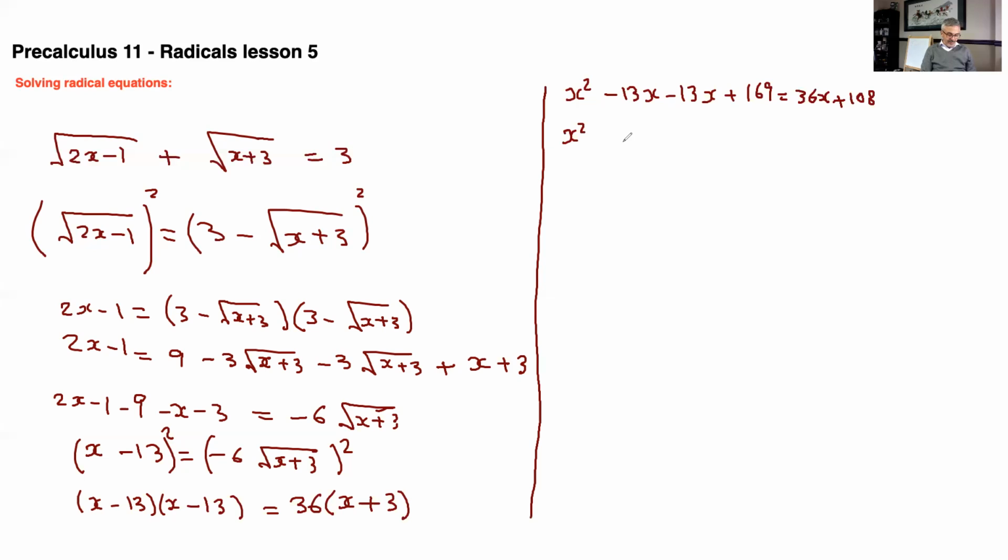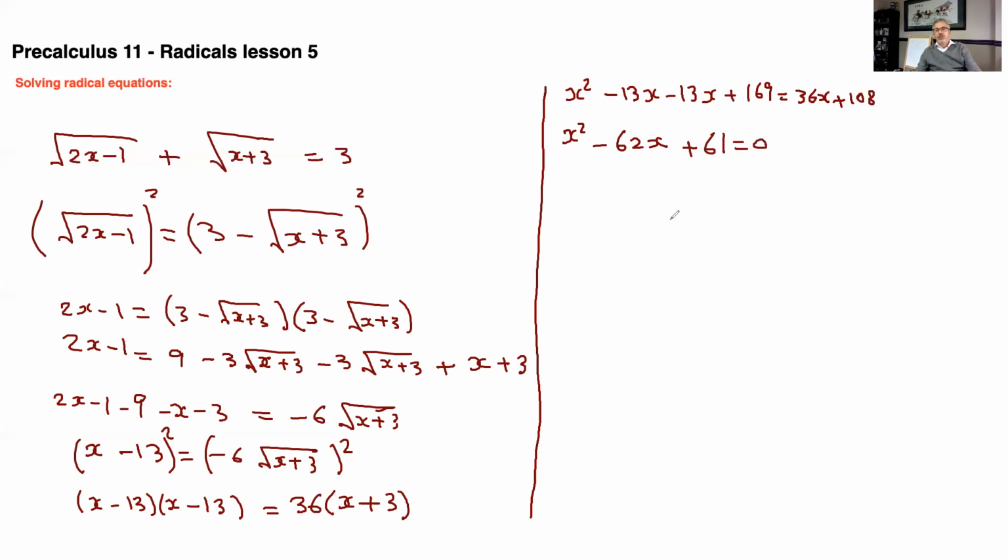Oh gosh. Negative 26 minus 36 equals negative 62. And then 169 minus 108 equals 61.